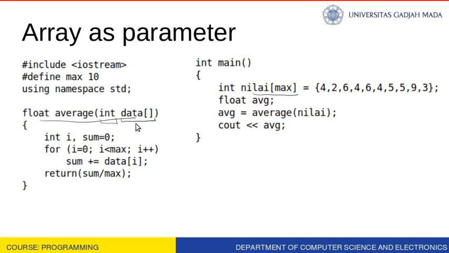So the name can be different with the array in the main program. It can be different, and then you give this square bracket to indicate that this is an array. Okay, now how to call this function average? You just call average and then give the name of the array. Just it.